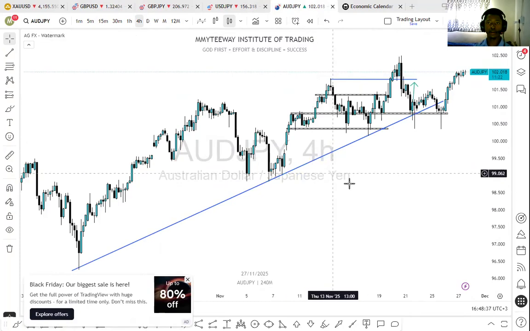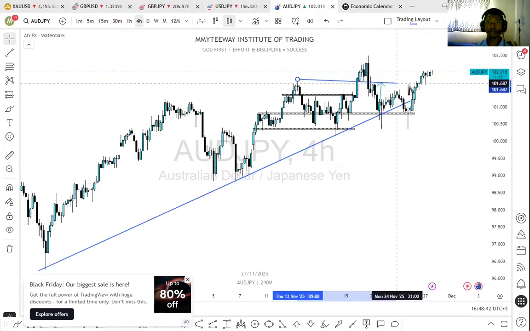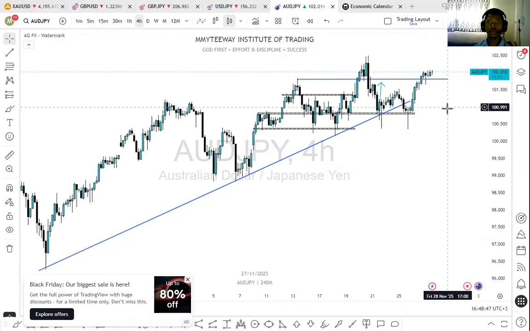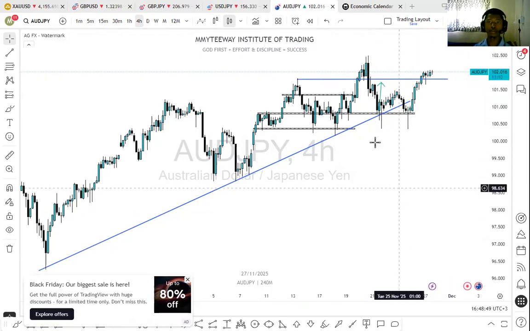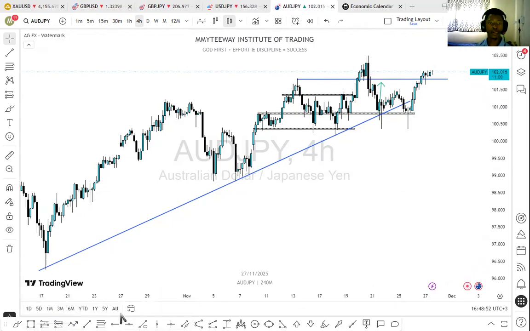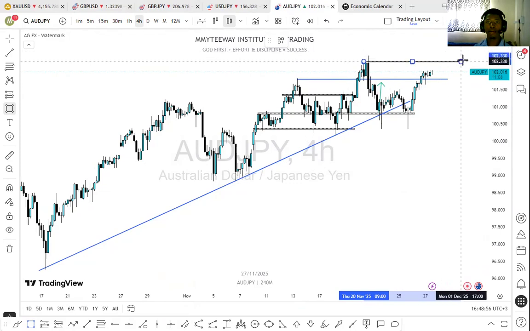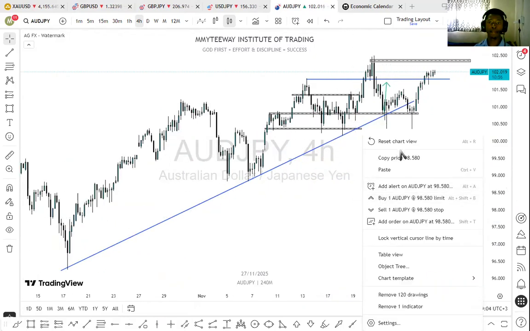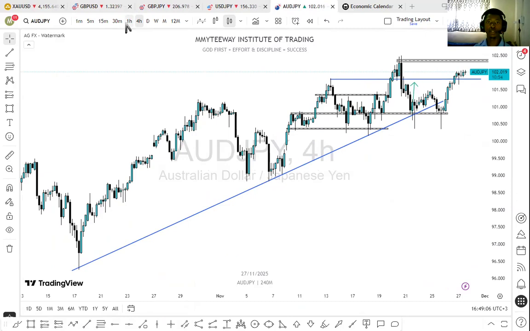AUDJPY, if I look in the 4-hour time frame, there's an uptrend here. It's not very steep, but it's a very good uptrend. And then there's a double bottom here.